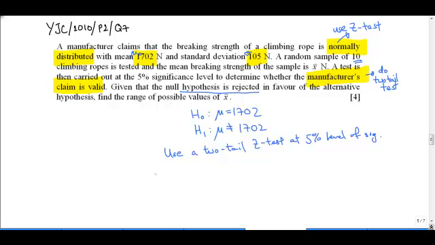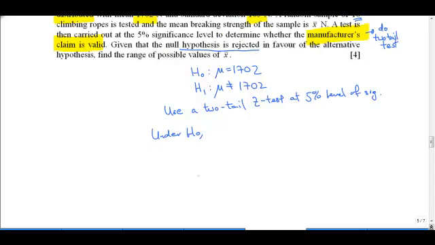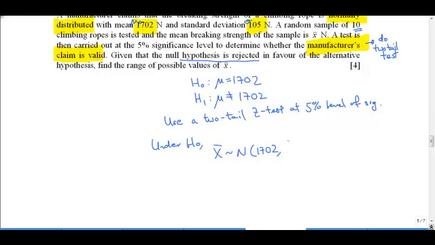Under H0, assuming that H0 is true, I don't have to use CLT in this case because X is normally distributed. So x bar follows a normal distribution with mean 1702 and variance 105 squared divided by 10.